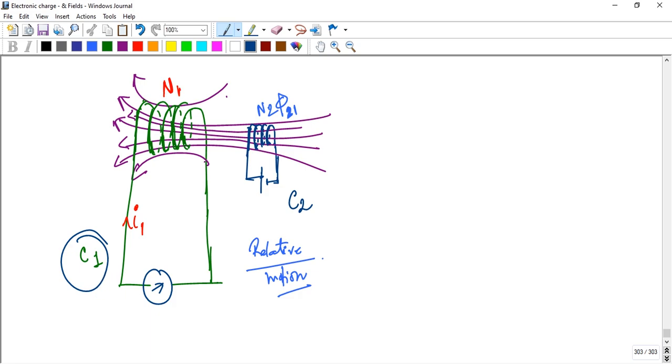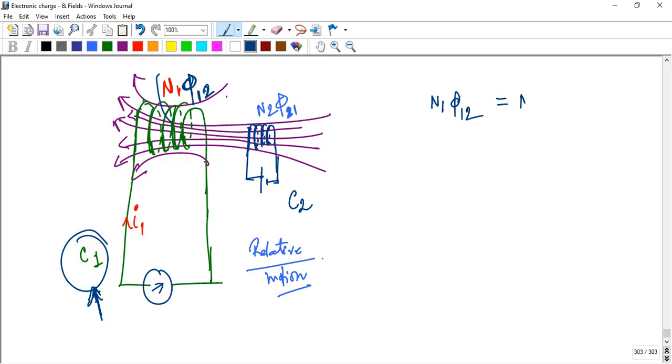So consider the mutual inductance of coil 1; obviously there is a flux through coil 1 due to coil 2. The flux linkage of coil 1 is N1 phi 12.